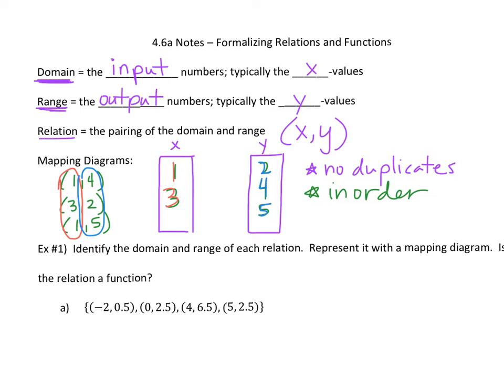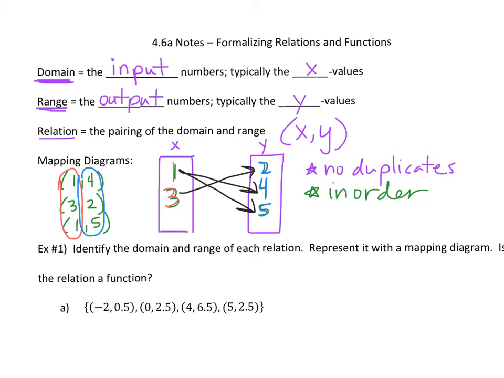Okay, now here's how a mapping diagram works. When you draw the line in to connect them, it helps you to see if something is a function or if it's not. So 1, 4, we go from 1 to 4, and we draw that line in. 3, 2, we go from 3 to 2 and draw that line in. And then 1, 5, we go from 1 to 5 and draw that line in.